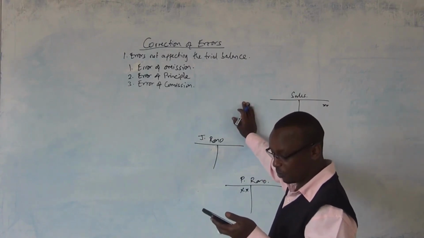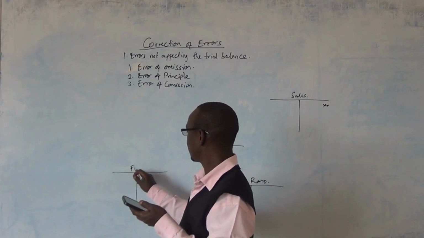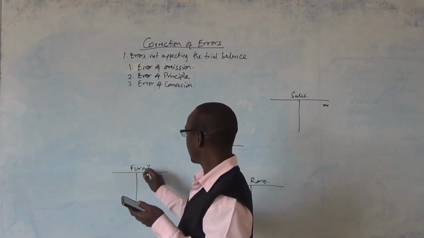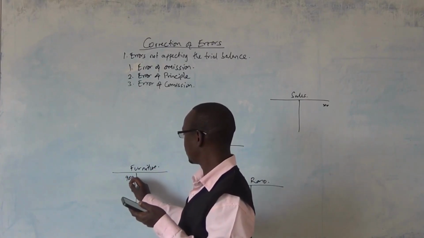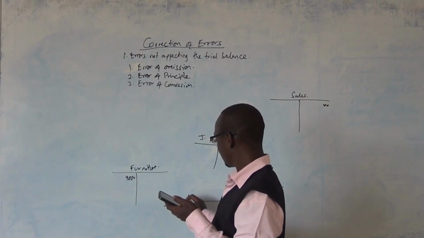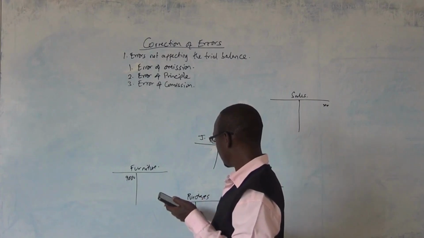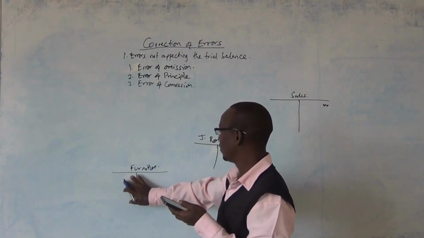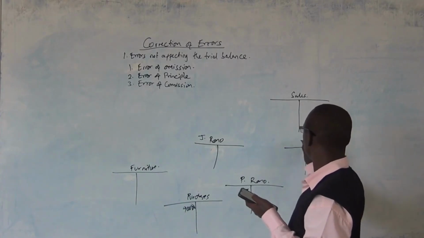The error of principle, this one was furniture. Purchases was debited 90,000. Furniture had nothing. The double entry was there, isn't it?